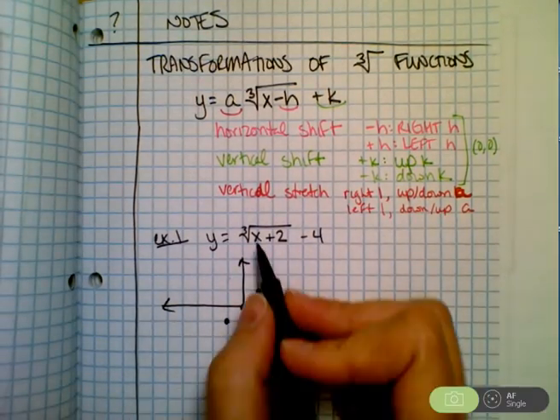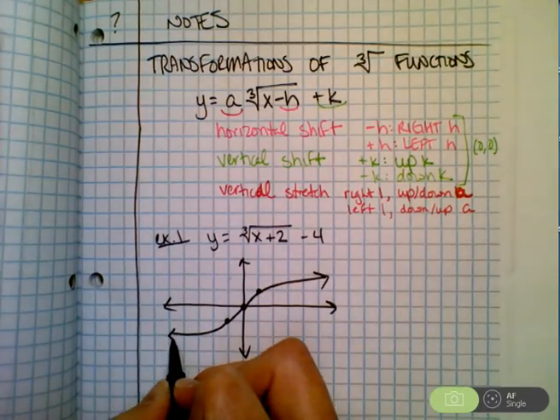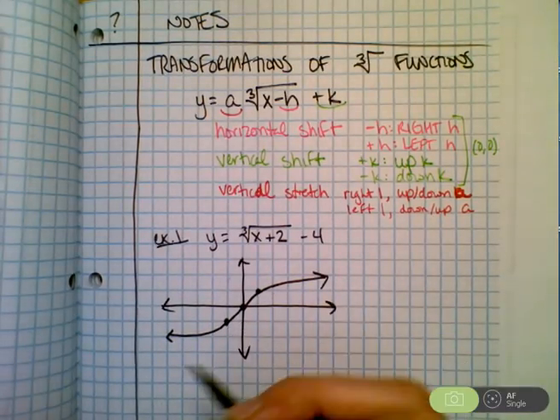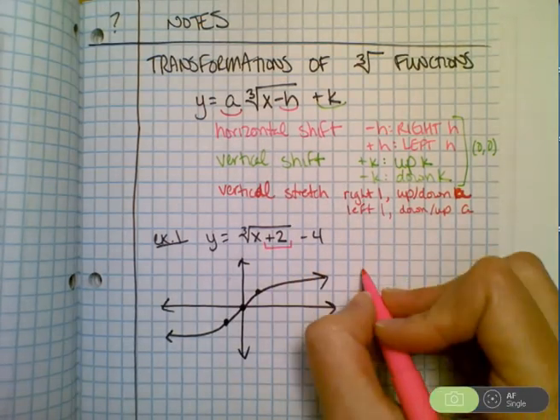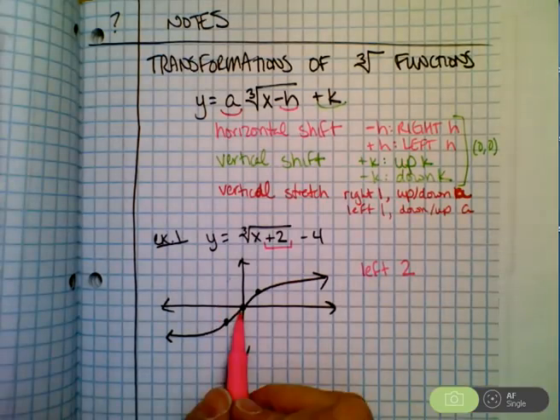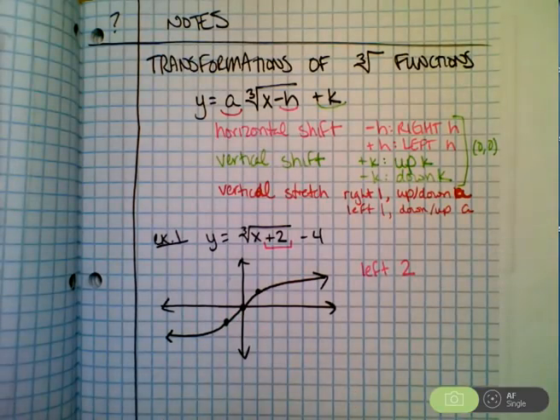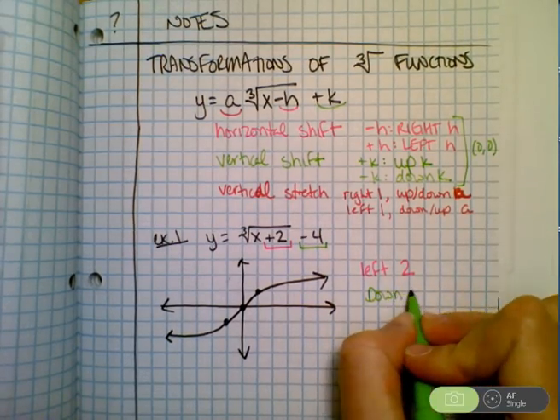It's not a straight line. This cube root part tells us it's got to be this curve. So we're taking that curve and we're moving it. So we look at this plus 2. Plus 2 means that our whole thing is going to shift left 2. And again, we're going to start with that center point. And our whole thing, because of this minus 4, is going to shift down 4.